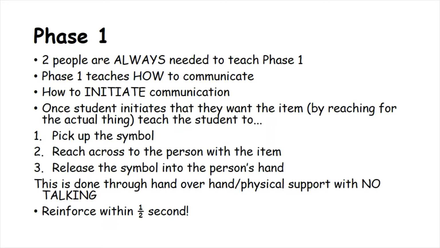Once the students initiate that they want an item by reaching for the actual thing, we then teach the student to pick up the symbol, reach across to the person with the item and release the symbol into the person's hand. This is done through hand over hand support with no verbal instructions, no talking. It's really important that when this happens, we reinforce within half a second.